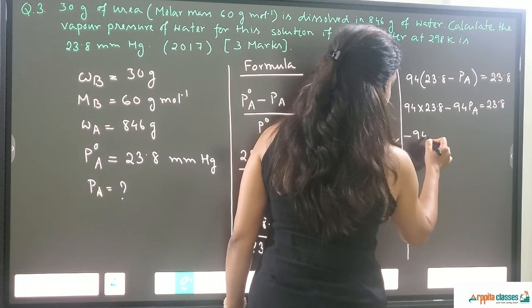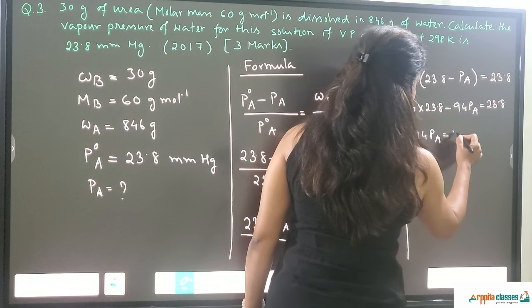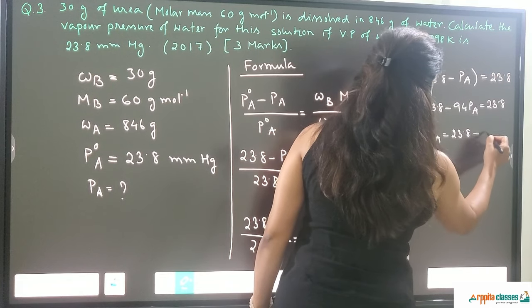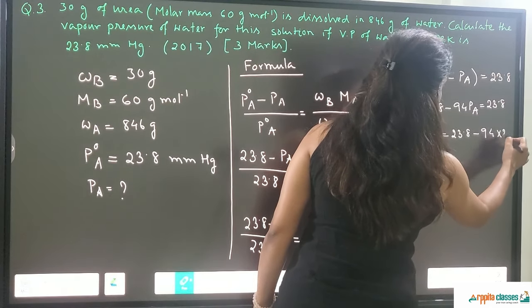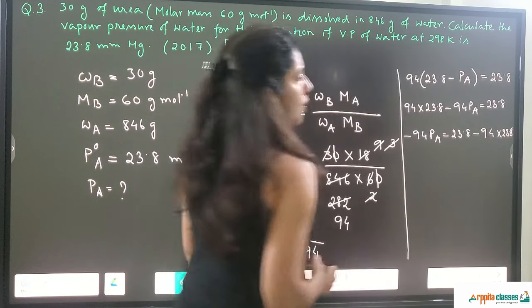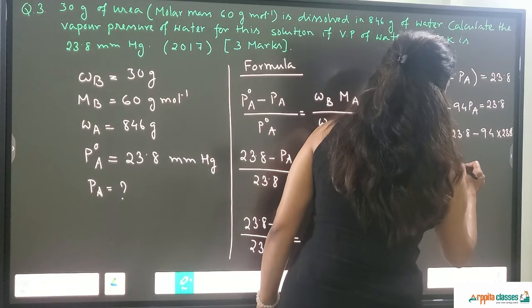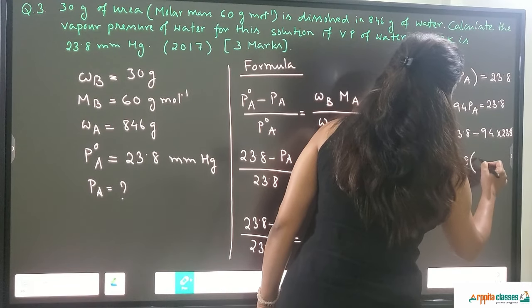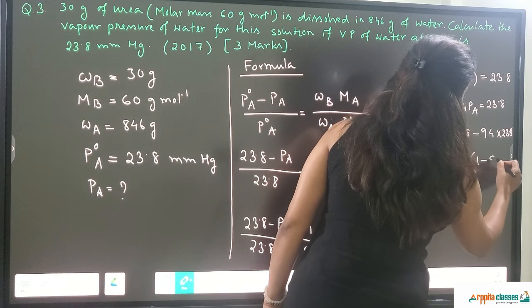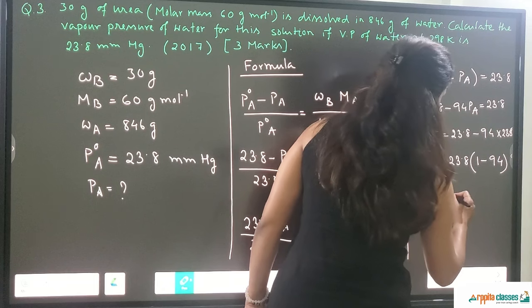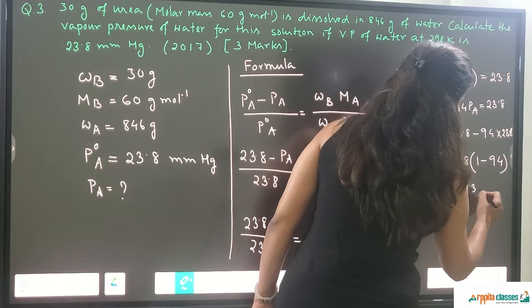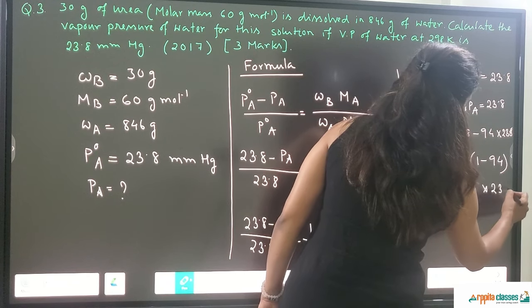So minus 94 PA is equal to 23.8 minus 94 into 23.8. Now here you can take from the right hand side, we can take 23.8 common. So if I take 23.8 common, I will get 1 minus 94 here. That is minus 93 into 23.8.